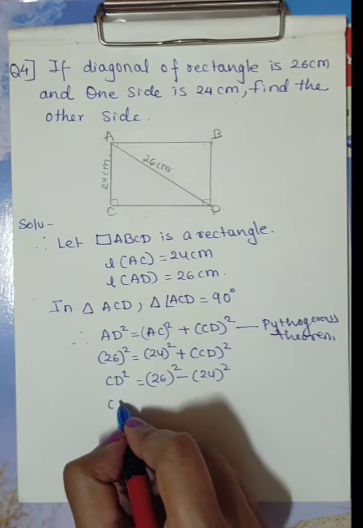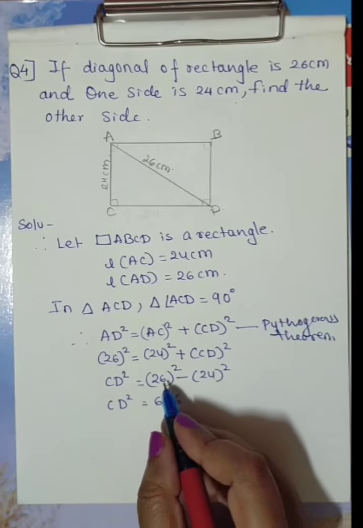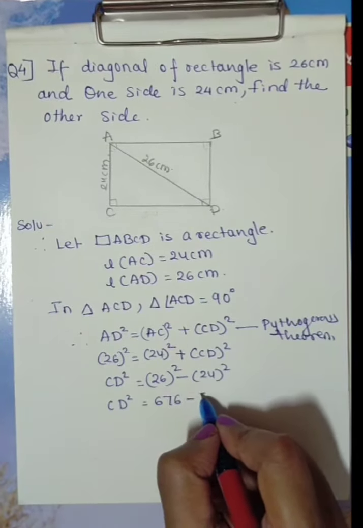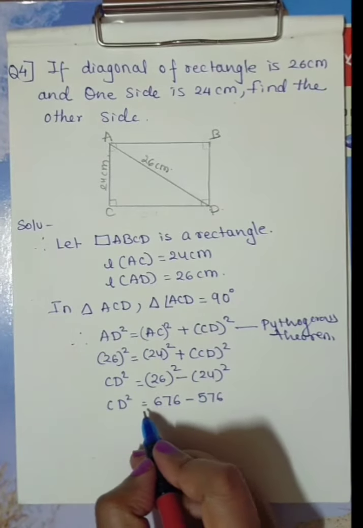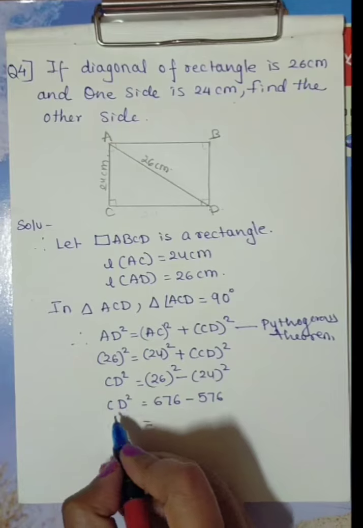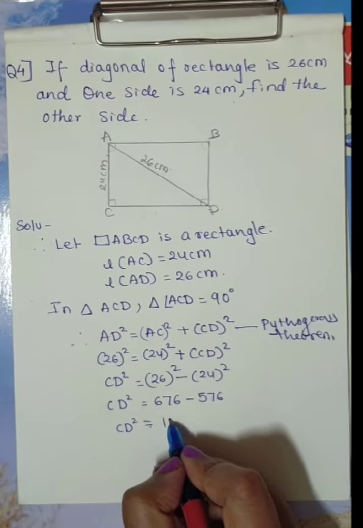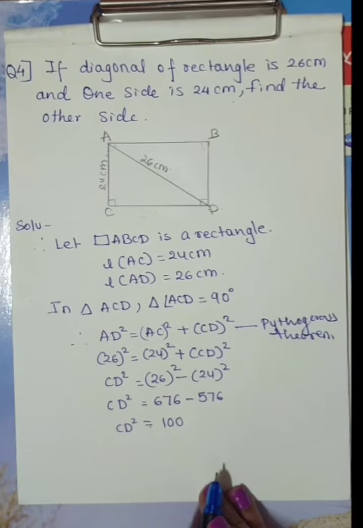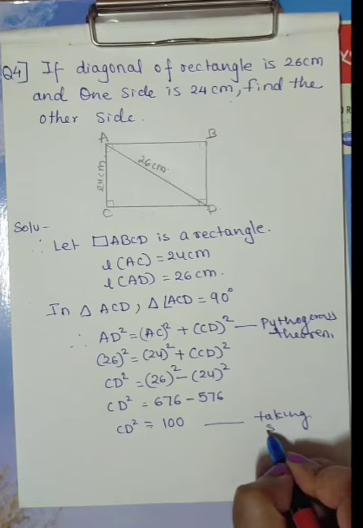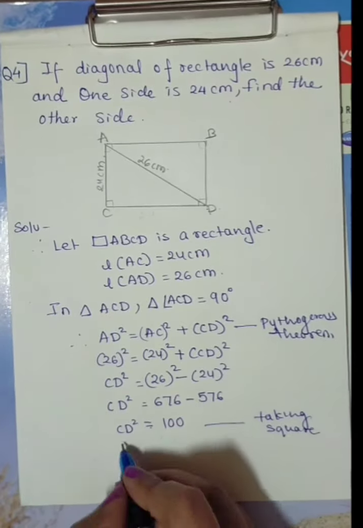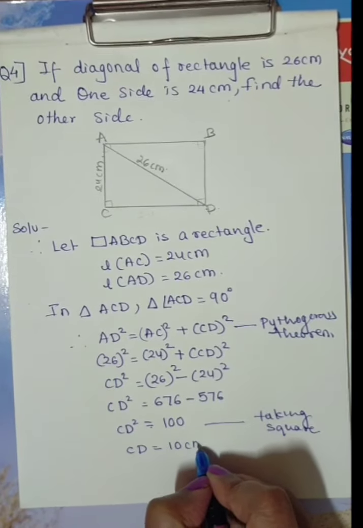Now CD square is equal to 676, it's the square of 26, minus 576, it is the square of 24. Then here CD square is equal to 100. Okay, taking the square root we'll get CD is equal to 10 centimeter.